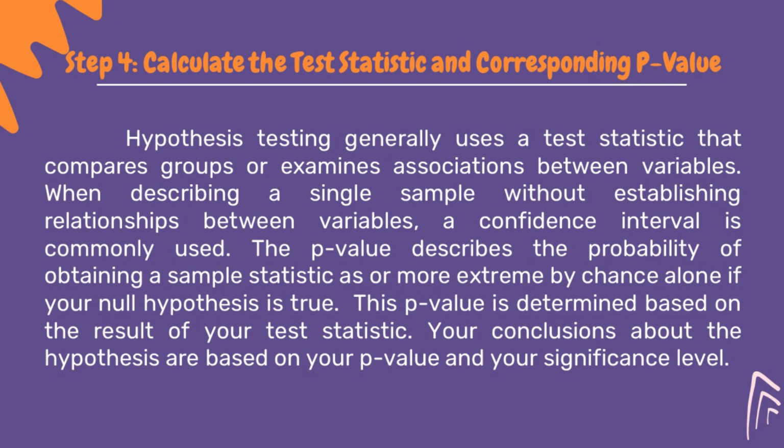The p-value describes the probability of obtaining a sample statistic as or more extreme by chance alone if your null hypothesis is true. The p-value is determined based on the result of your test statistic. So, your conclusions about the hypothesis are based on your p-value and your significance level.